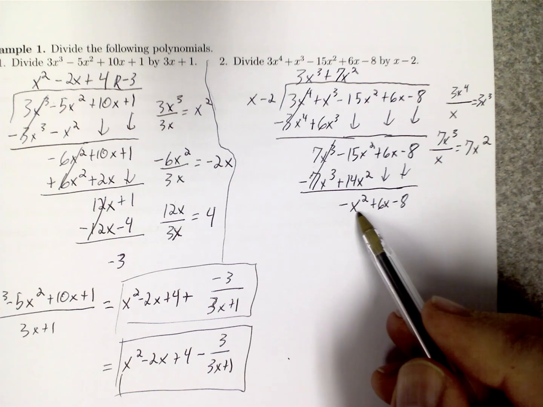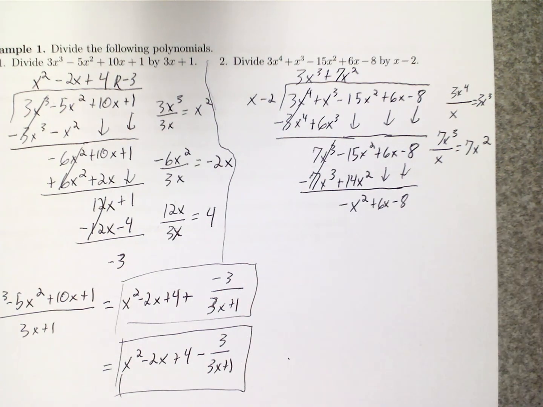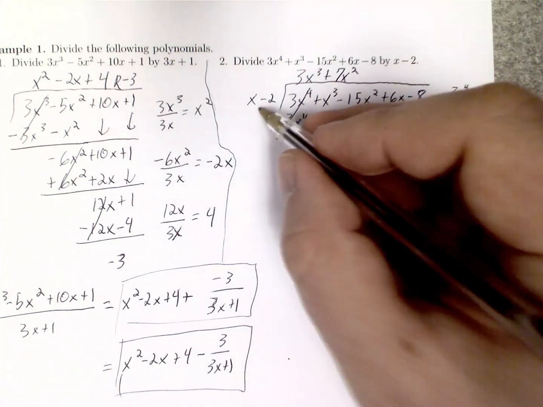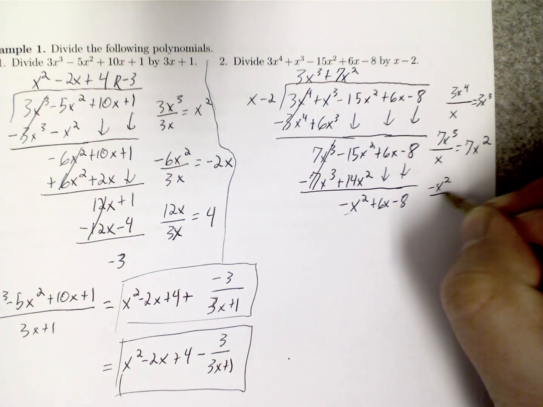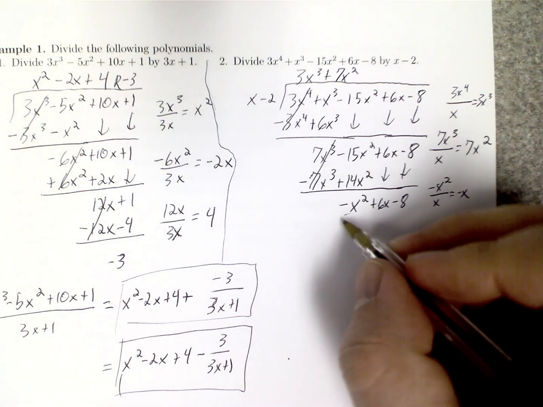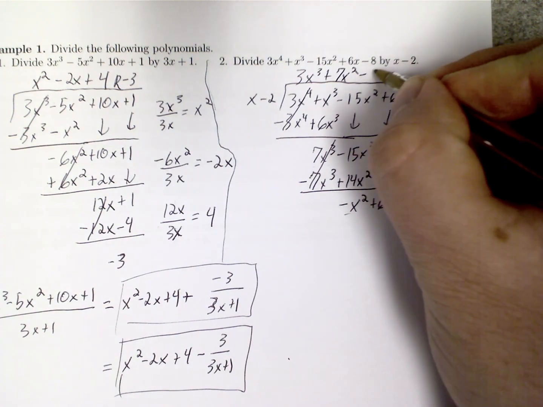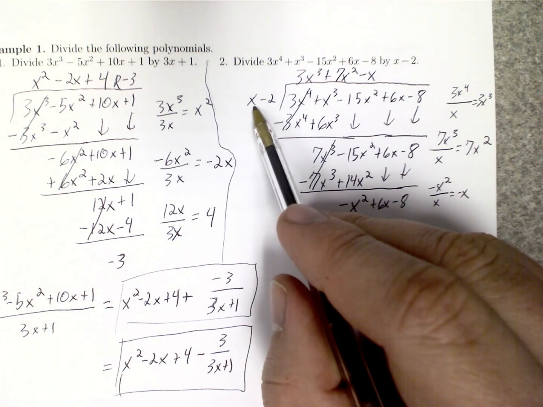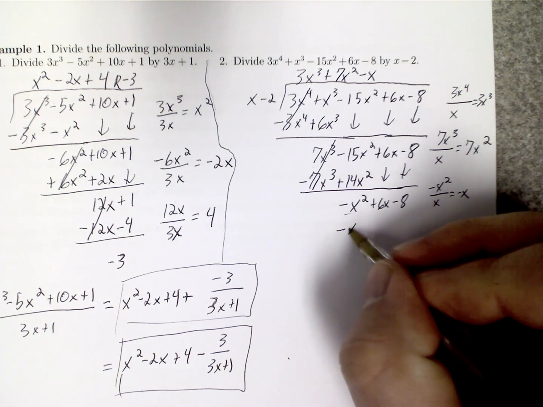This is degree x squared, this is degree x, so it's still bigger, so we keep going. Leading term divided by leading term, negative x squared divided by x, which is negative x. And then this goes in our quotient. And then we multiply. Negative x times x is negative x squared.